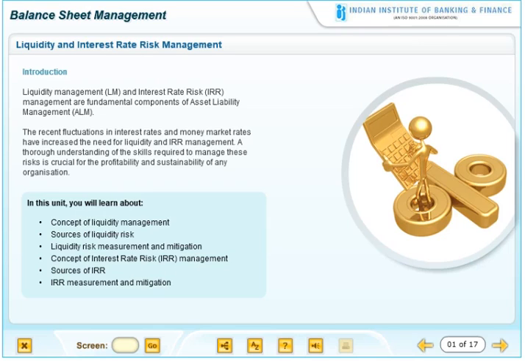In this unit, you will learn about concept of liquidity management, sources of liquidity risk, liquidity risk measurement and mitigation, concept of interest rate risk, IRR management, sources of IRR, IRR measurement and mitigation.